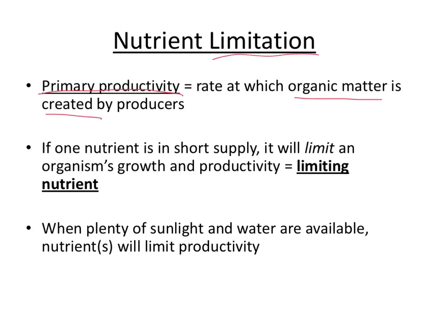Right? So how much are they producing? A lot of times the productivity rate, or how much they are producing, is limited by one single nutrient. Basically, if they don't have enough of a certain nutrient, then they're not going to grow and they're not going to produce. And we call this a limiting nutrient.